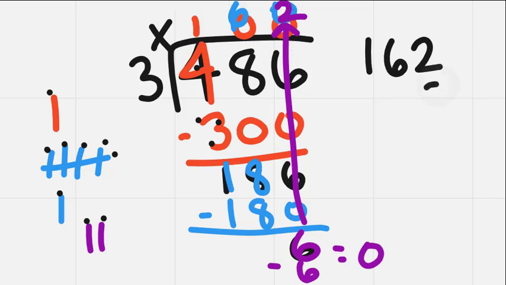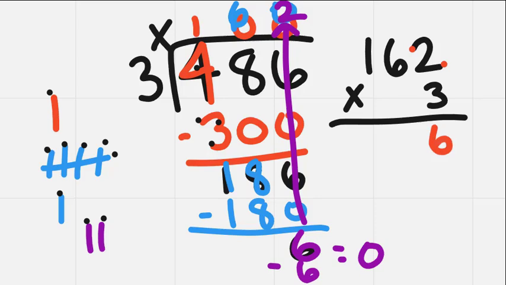To check our work, we can multiply by 3, because the opposite of division is multiplication. Let's multiply. 3 times 2, 3, 6. Next, 3 times 6, 3, 6, 9, 12, 15, 18. Put the 8 down, carry the 1. 3 times 1, 3, then add 4.